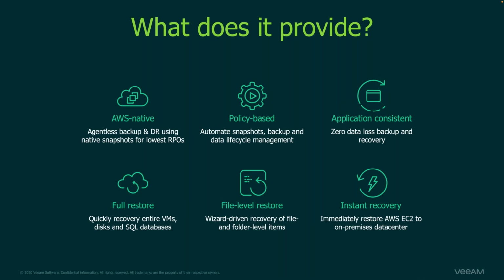So there should be an option to grant application consistency and zero data loss backup and recovery whenever you perform the backup or recovery, like you're migrating data and trying to recover it. So there should be a way to ensure that all of the data, let's name the SQL server, for example, that all of the data from the transactional log is going to be recovered back to the original SQL server.